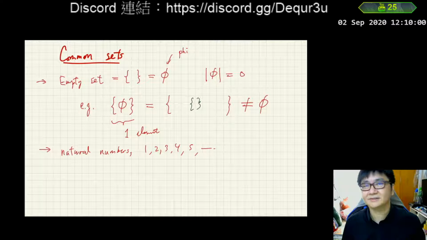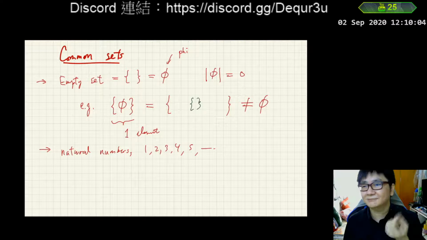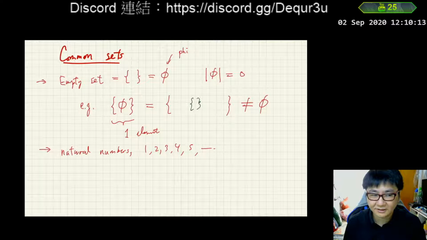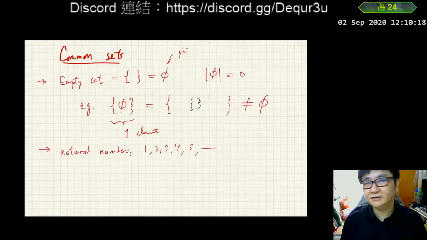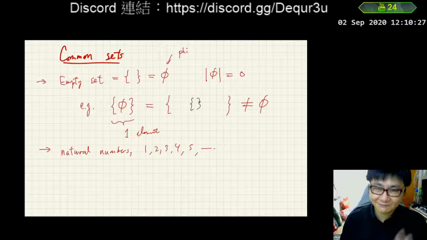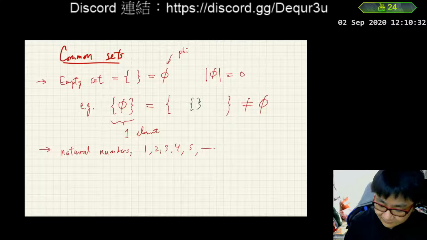Some writers like to include 0, while some others do not, so it depends on the writer. But usually in our textbook or in our context, natural numbers are 1, 2, 3, 4, 5, not including 0. Don't be surprised when you go to university and read a book that says natural numbers are 0, 1, 2, 3. It doesn't matter, because different authors may have this slight difference. So natural numbers are 1, 2, 3, 4, 5.